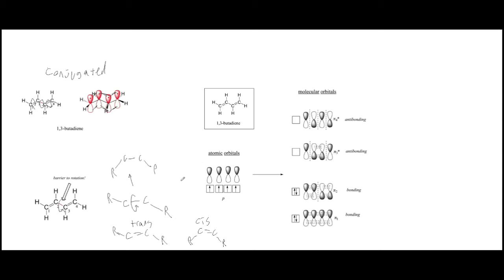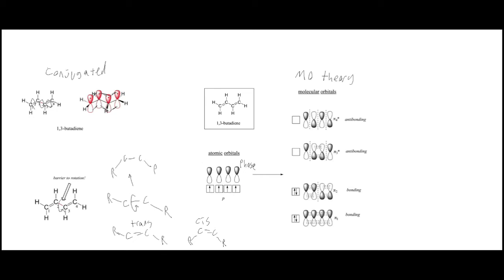And we can think about this in terms of what's called molecular orbital theory, MO theory. Right here we have our four p orbitals, and we can think about them in this way. These different colors are the phase. It's a quantum mechanical property of orbitals.